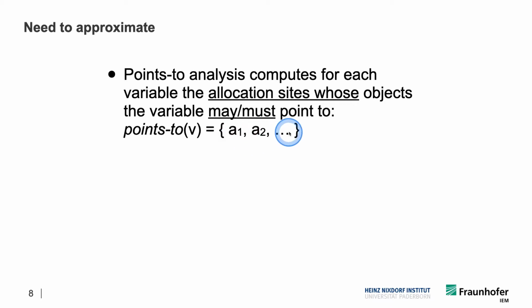Okay, so here the points-to set is not actually a set of objects, but it's rather a set of allocation sites. And depending on the analysis, we'll still be talking about this, you get an answer whether, for instance, A1 is an object that this variable definitely must point to or only one that it may point to.